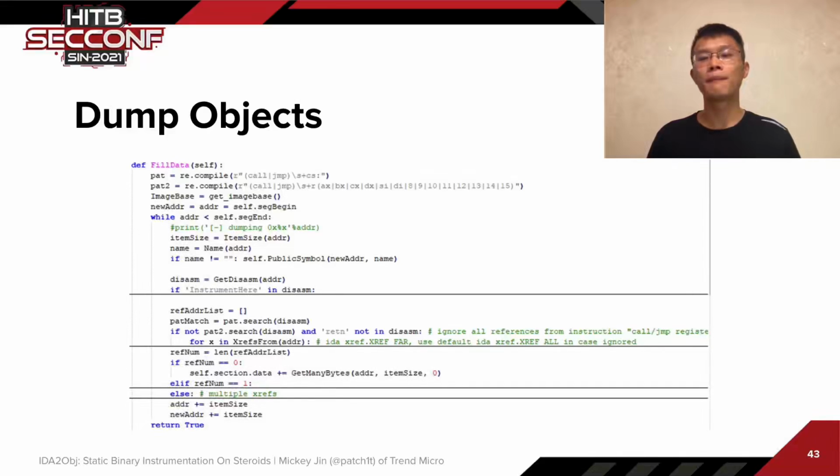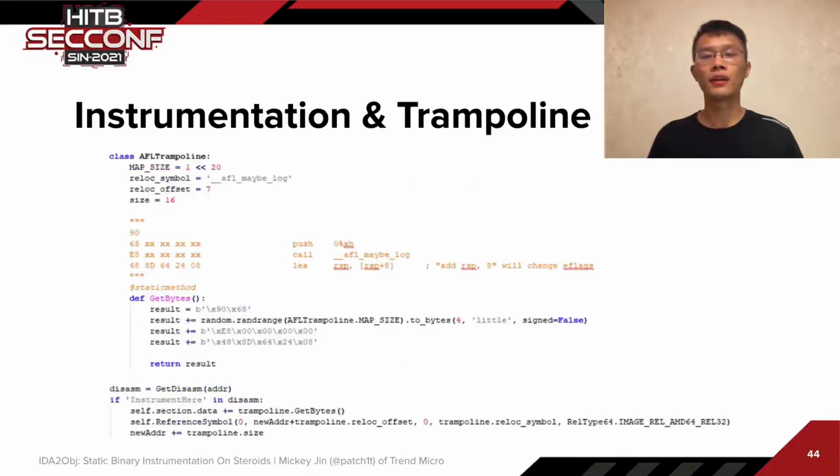And if there are multiple cross-references, it will dump many symbols with their reference types. During the dumping process, if it meets the hint comment string "instrument here", it will insert the bytes code of the trampoline instructions and then increment the new address pointer.